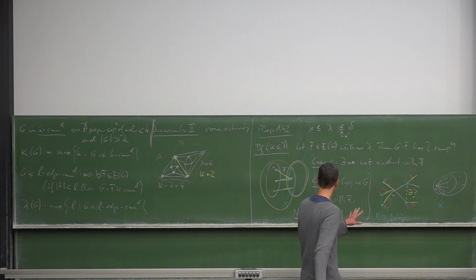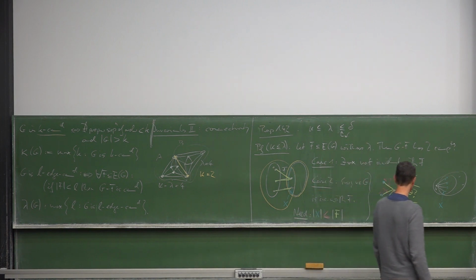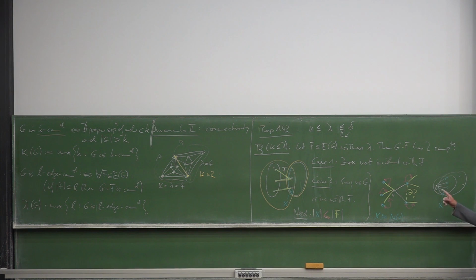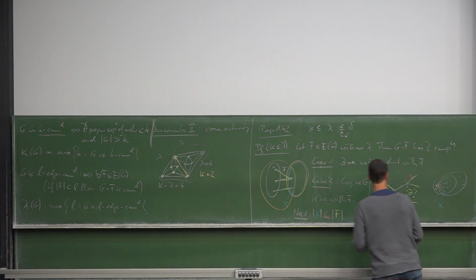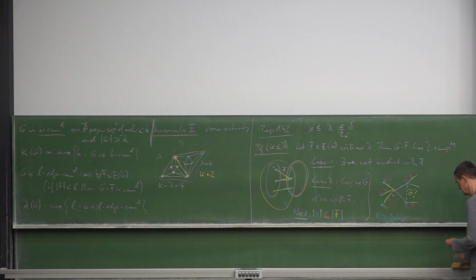Now let's get back to the original picture. G minus F has two components. V is in one of them. So V is incident with some F edges and some other edges.